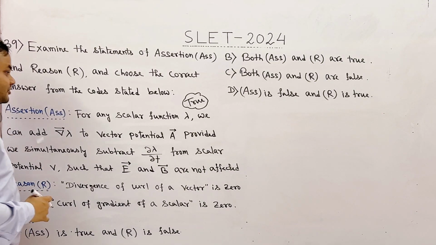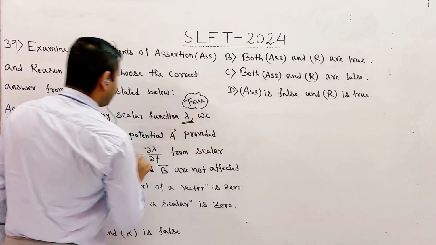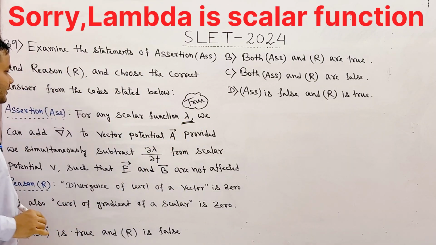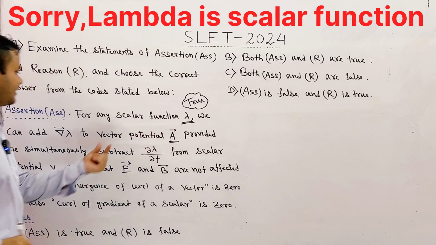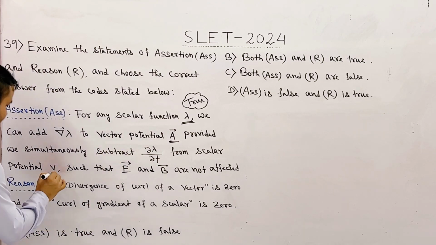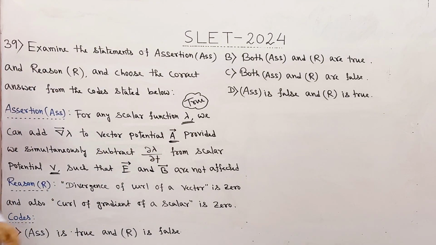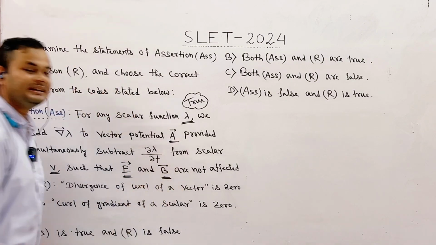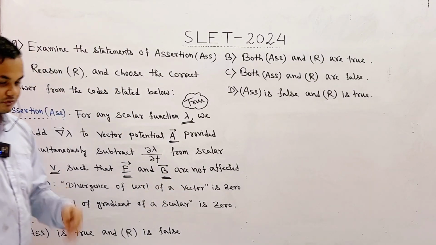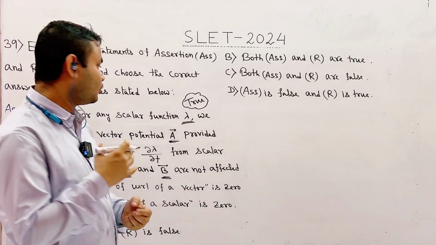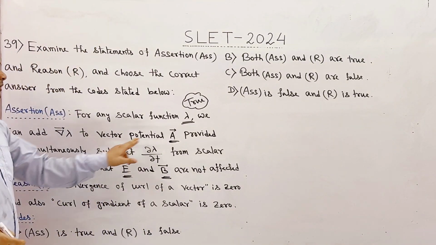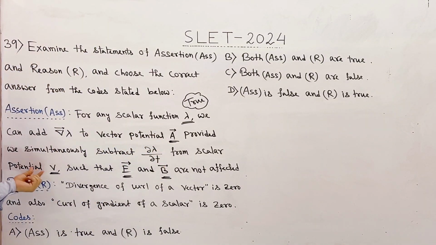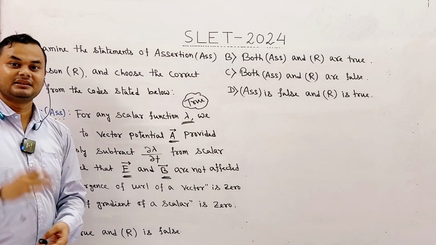So according to this question, lambda is the scalar function, A is the vector potential, V is the scalar potential, E is the electric field and B is the magnetic field. Students, from electromagnetic theory we know that vector potential A and scalar potential V are related to electric and magnetic fields as follows.